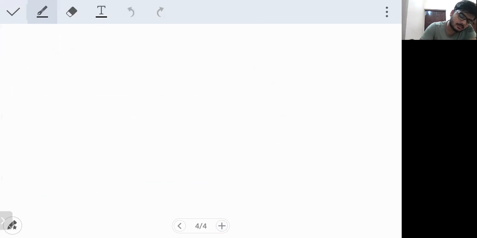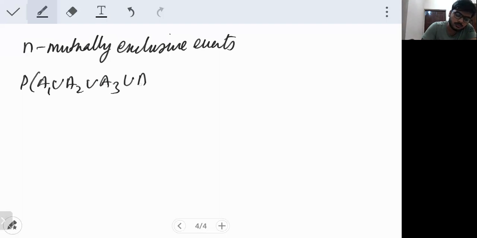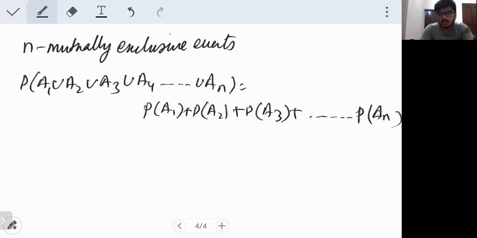If there are n mutually exclusive events, then the probability of A1 union A2 union A3 union A4 up to An will be equal to probability of A1 plus probability of A2 plus probability of A3 plus up to probability of An, right?